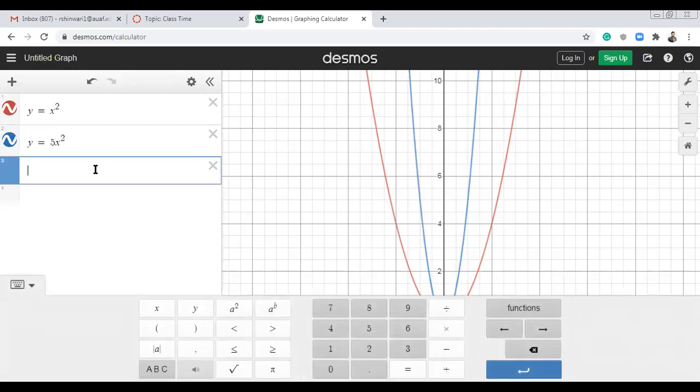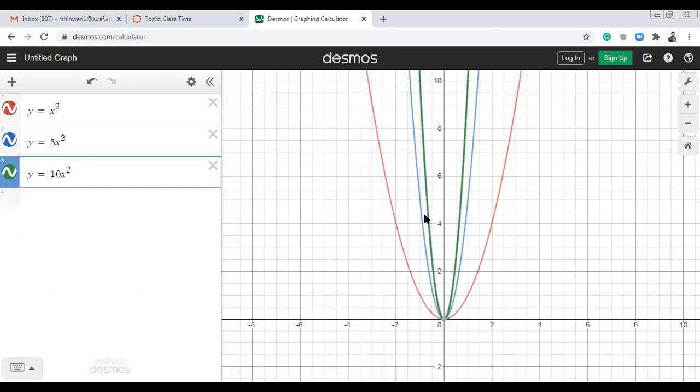If you multiply to get y is equal to 10x square, you can see this green one. So multiplying with a positive number greater than 1, the graph will shrink. When the number is increasing, the graph is shrinking.